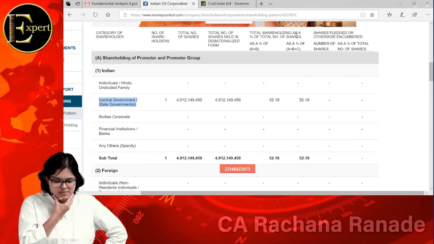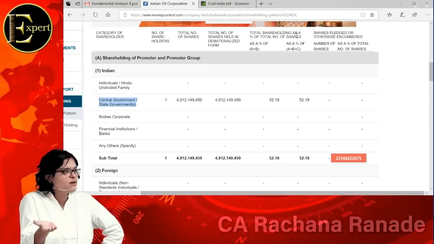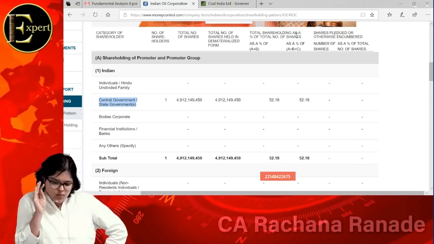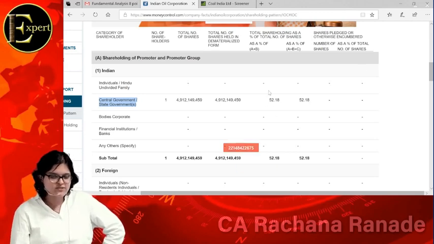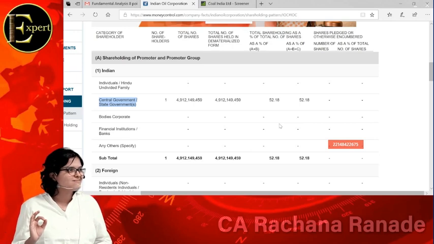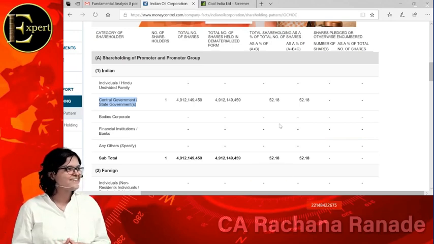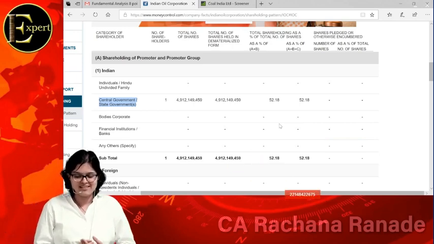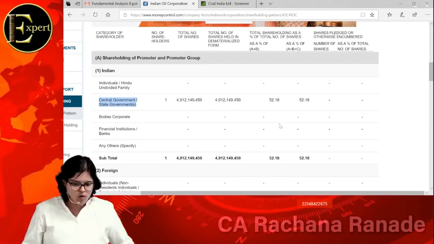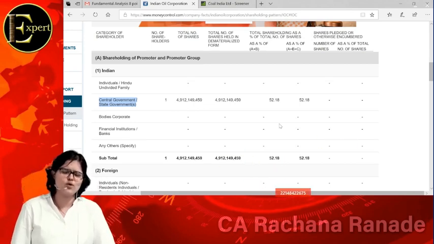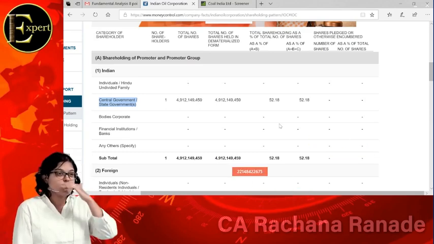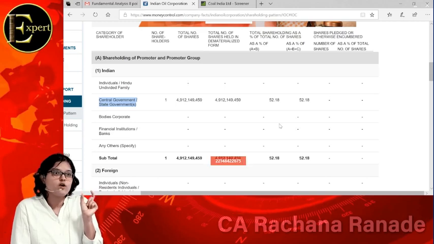So now you can imagine something like this. Shares have to be in a demat account, right? Of someone's demat account. Who is this someone who holds these 52.18% shares? Bharat Mata's demat account? Will it be like that? No. So understand, these shares are held in the name of the President of India. Wow, Mr. Kovind is so rich. No, not like that. The shares are held in the name of that position and not of that person.